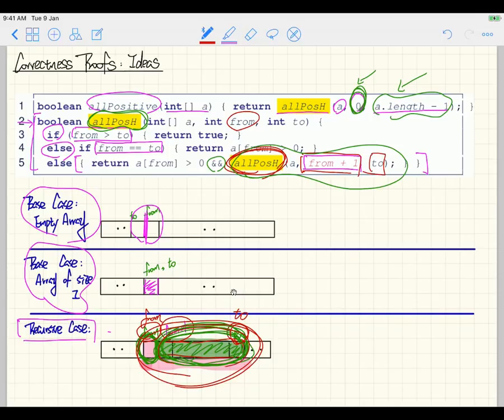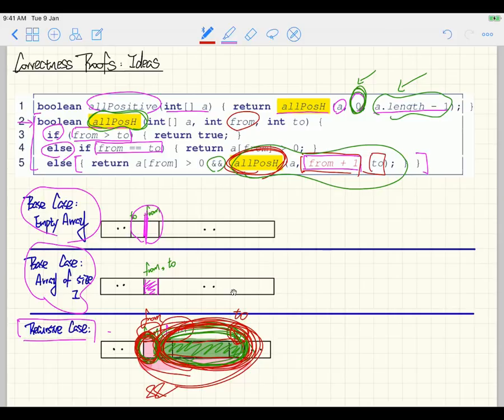This subarray, all the elements over there are positive. Not only that, this element alone should also be positive, right? However, this part over here has been done by the inductive hypothesis using the recursion. So all we got to do is calculate this part here, and then using this recursion result based on the inductive hypothesis and combining them using conjunction. That's all we got to do.